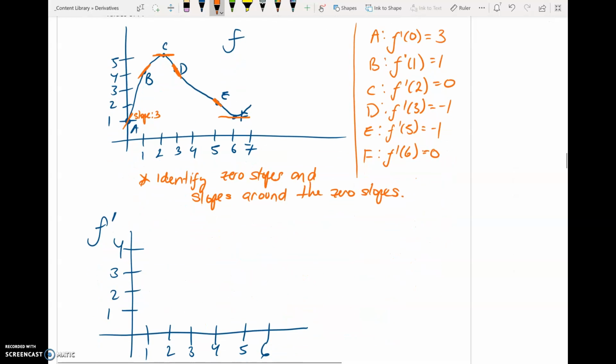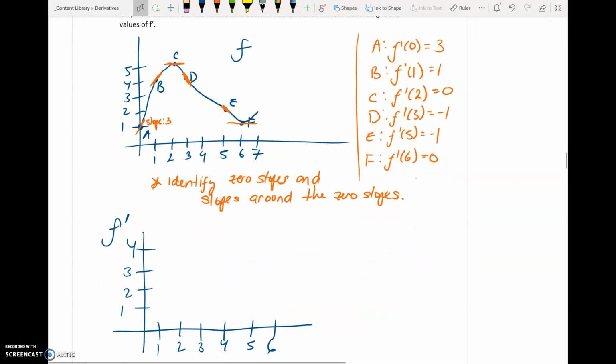Now to draw f prime, I'm going to use the information that we found here and transfer it over to f prime. So at A, my x was 0, my y would be 3. So I'm just going to graph exactly what I see over here. That would be my A prime. B prime is going to be x equals 1, y equals 1. Then 2, 0.